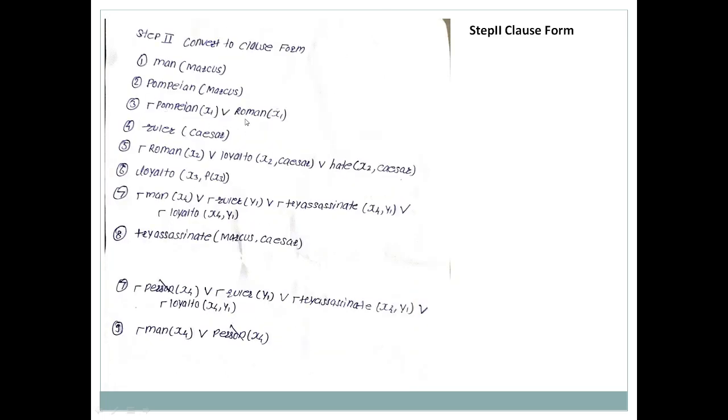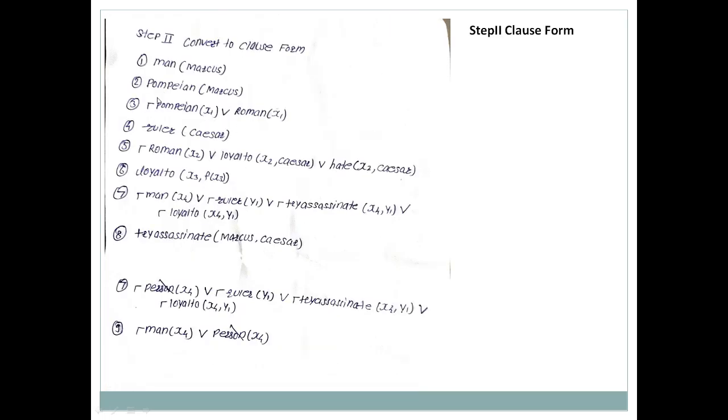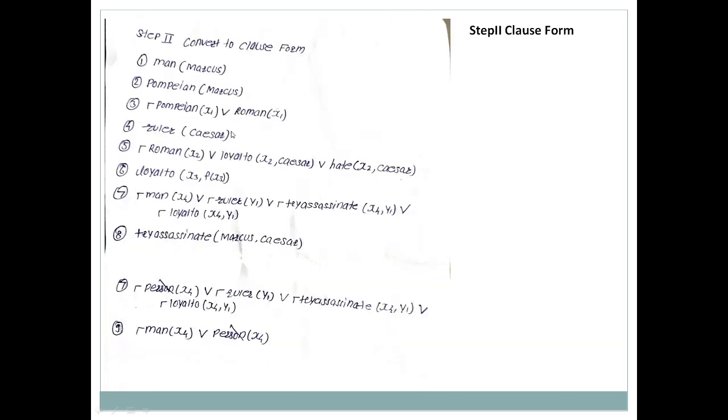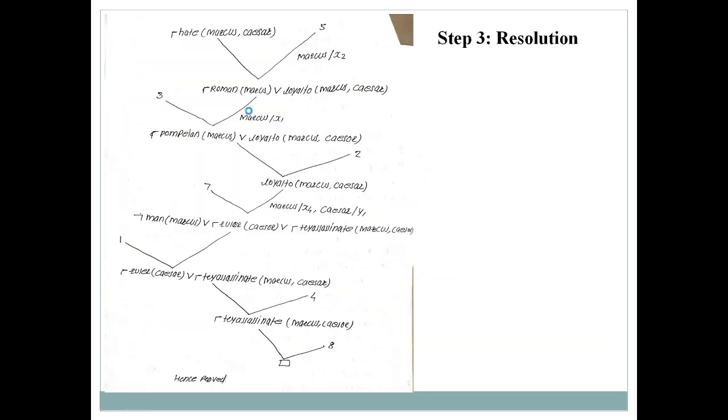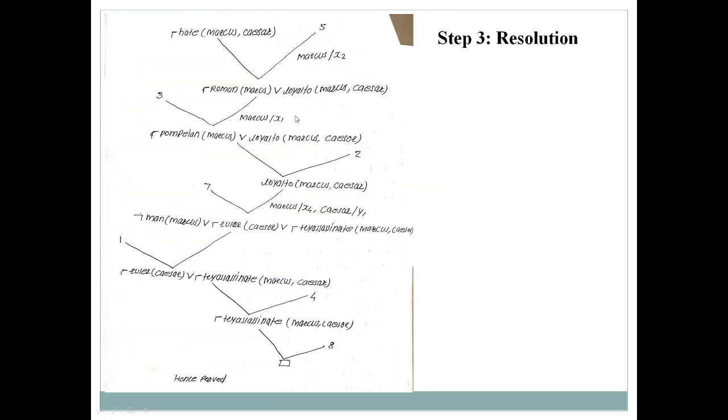But in statement number 3 x1 is there, and here we have Marcus, so we replace that x1 with Marcus and then equate. So Pompeian of x1 is replaced by Pompeian of Marcus, and this Roman gets cancelled. We got negation of Pompeian from here, and this loyal to will remain as it is. So now this is a new statement after cancellation.